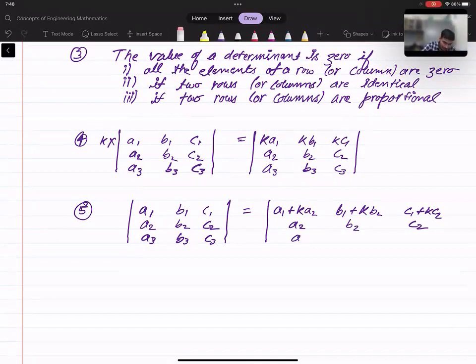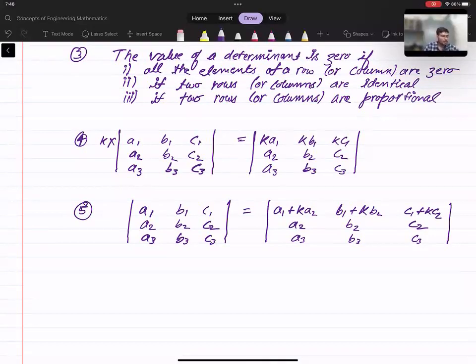So at a time we can apply the operations to only one row or column. And this was B3 and C3. So in this way, the value of determinant does not change. Okay, so these are some of the important properties which are needed while solving problems related to determinants.